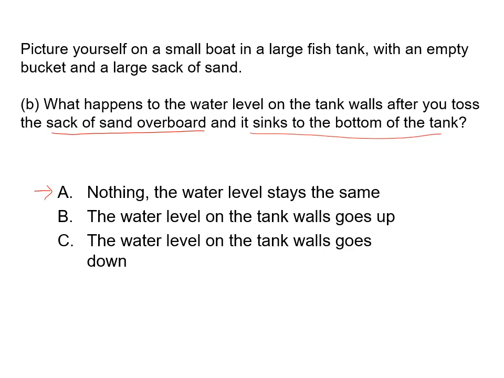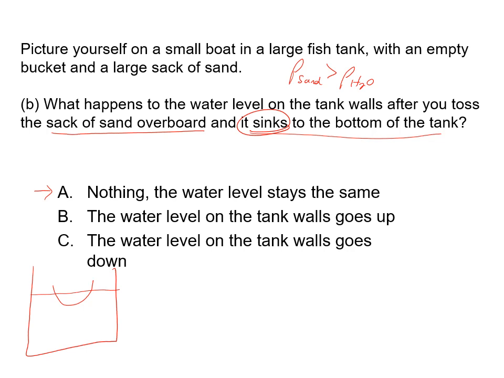Okay, and so then we want to look at what's going on with the sand when it's in the two different locations. Okay, so here's the water level, here's the boat, here's the sack of sand. Okay, and then the sand goes and it lands in the water, and then it's down here.